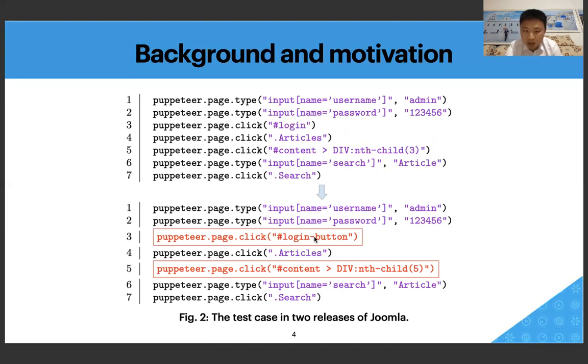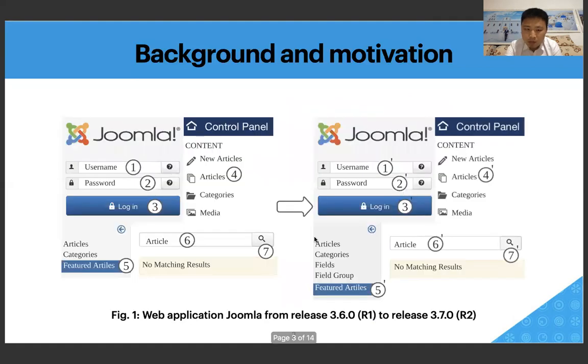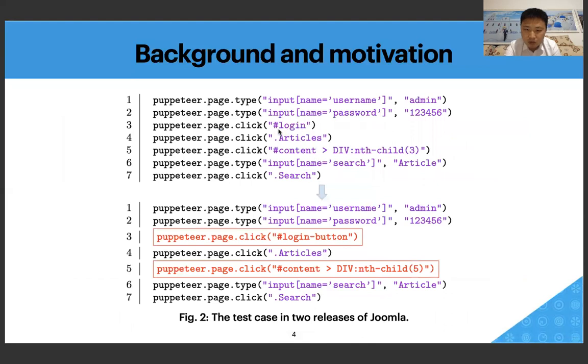For example, the layout of the login button does not change during the web evolution, but the locator is changed from login to login button. So the test case is broken because it targets a CSS selector that does not exist in release 2. This example is a kind of non-selection breakage.